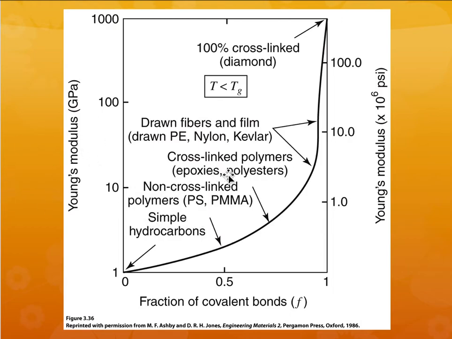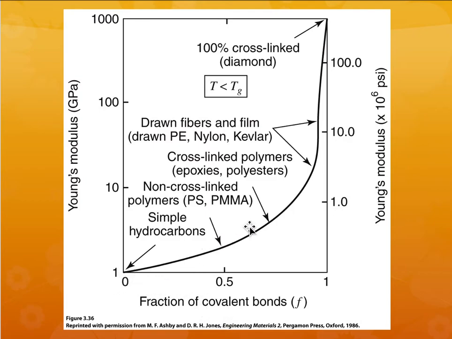And the other advantage is that, so suppose, for example, you had a material that is made from different combinations of bonds. Say, for example, if you had simple hydrocarbons that have a very low amount of covalent bonds.